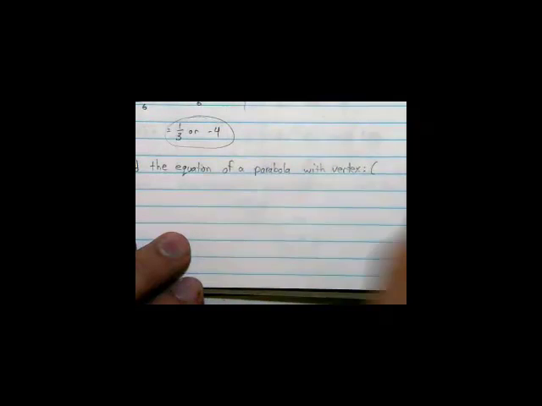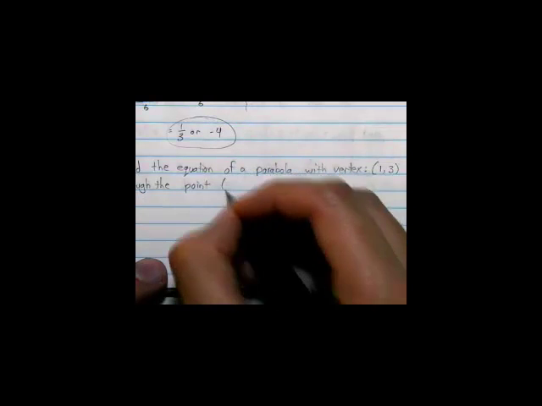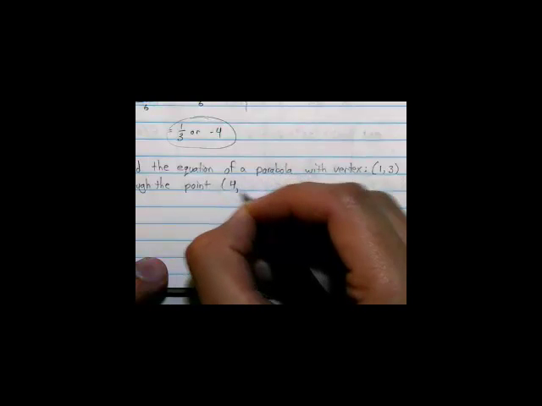So let's say the equation of a parabola with a vertex at 1, 3, and it's also going to go through the point, let's say 4, 12.